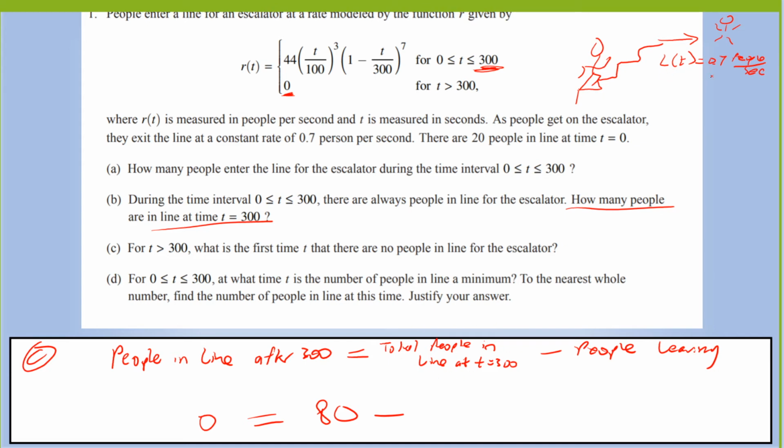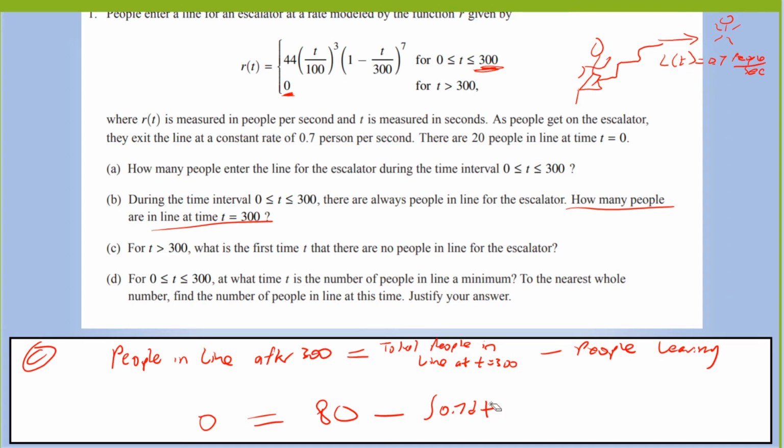Right now we've got a rate, L(t) is 0.7 people per second. How can I get from that rate, that velocity, to a total amount? Integrate 0.7 dt. Perfect. I'm going to integrate 0.7 dt.